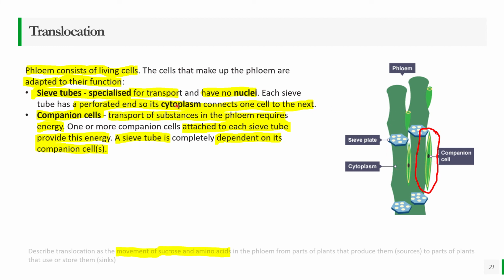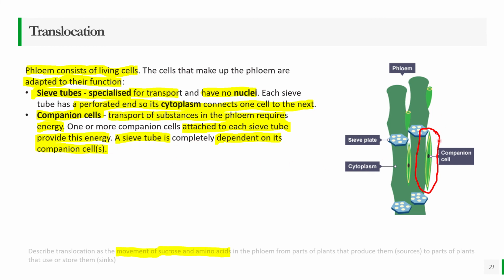Okay. Now, the companion cell is the one that gives it energy. Okay, in the phloem requires energy. So usually you have one or more companion cells attached to each sieve tube to provide this energy. Okay, so a sieve tube, okay, is completely dependent on its companion cells.